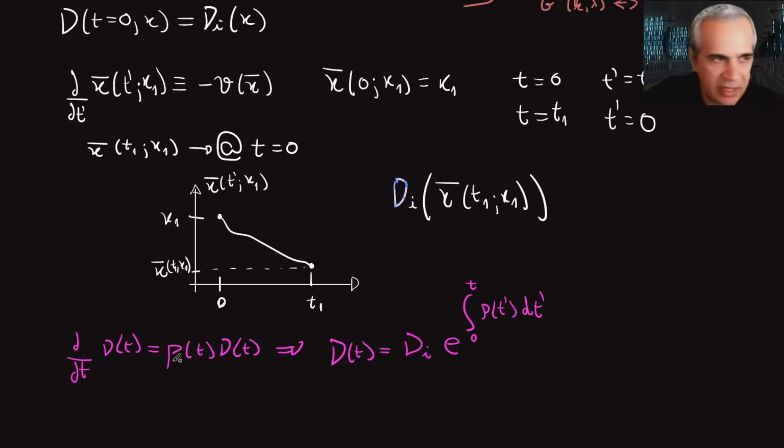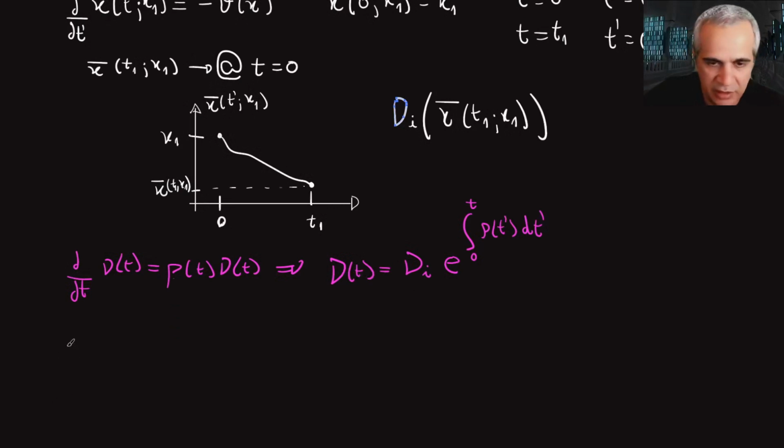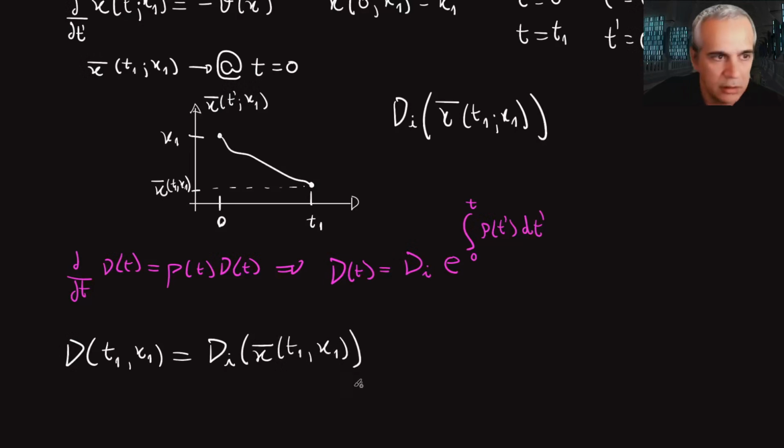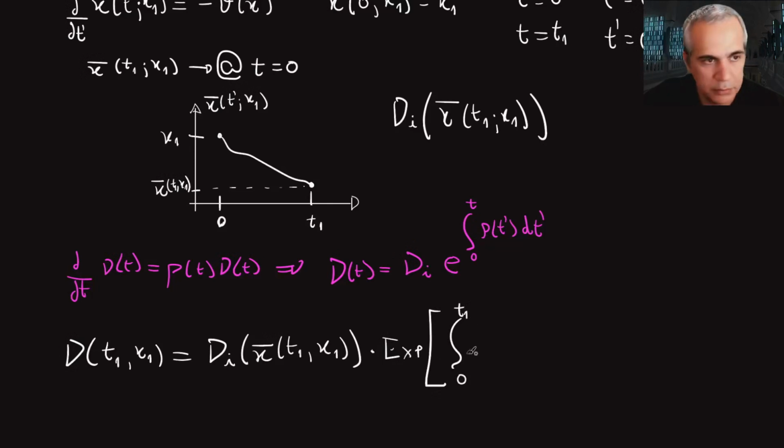And that means that I can write the general solution for t1 x1 now as the initial condition, which we have already seen, that is rho i of x bar t1 x1 times the exponential of the integral from 0 to t1 dt prime rho of x bar t prime comma x1.